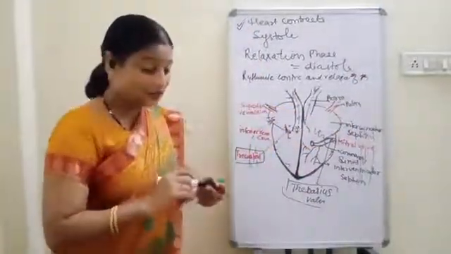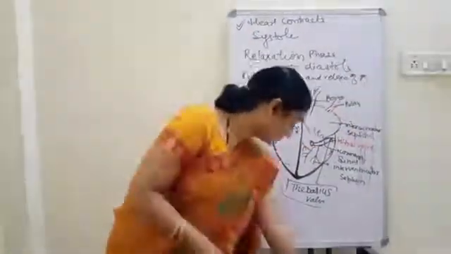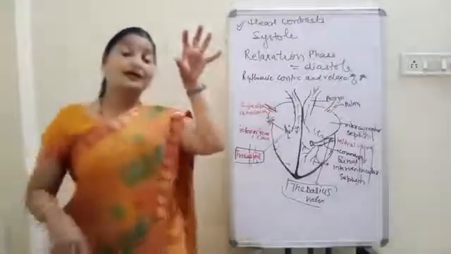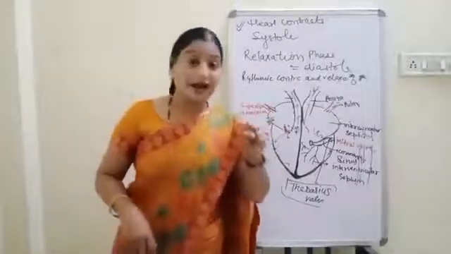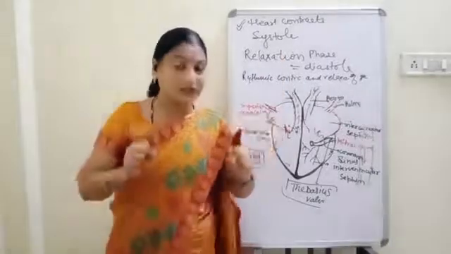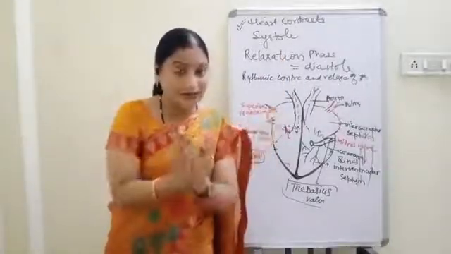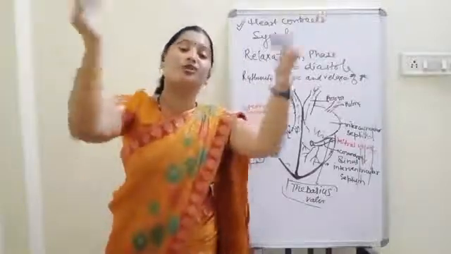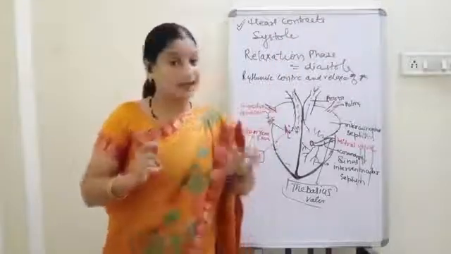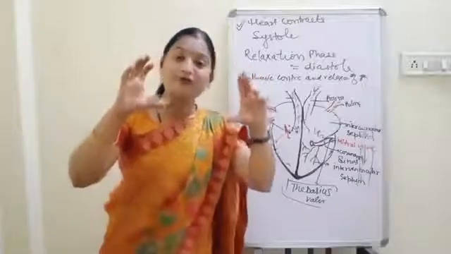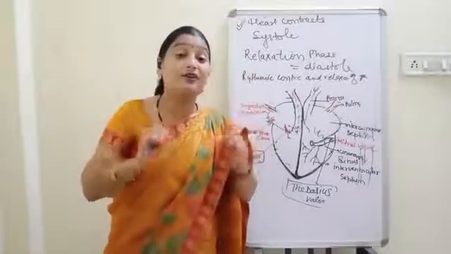Understood? So, see what has happened till now. Heart contracts means first the auricle contracted, blood poured into the ventricle, the ventricle contracted, and blood moved into the aorta as well as the pulmonary artery. Now, for 0.4 seconds, our heart will relax.